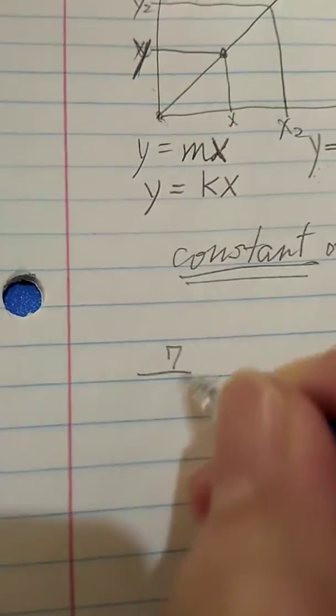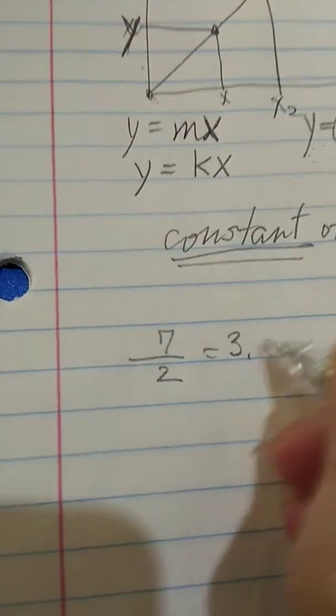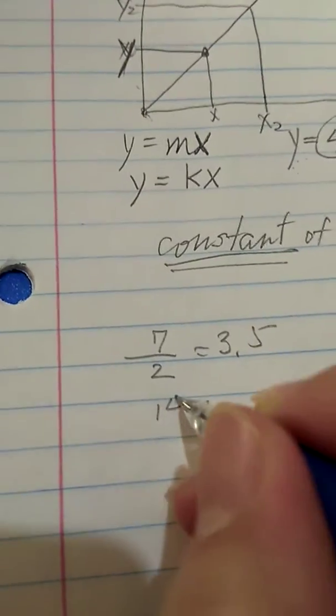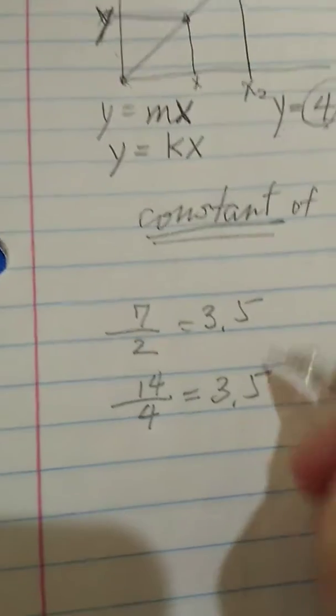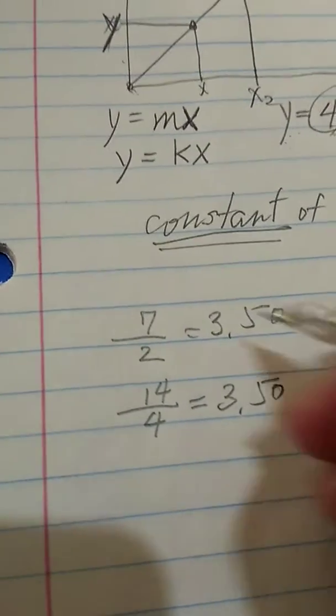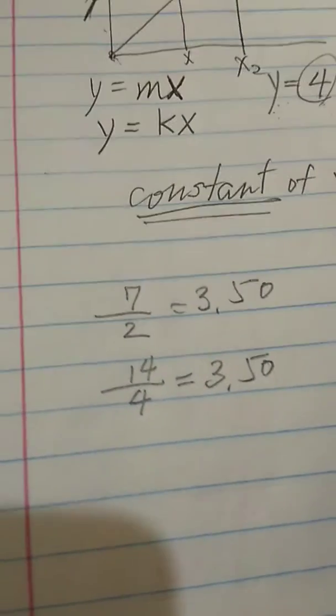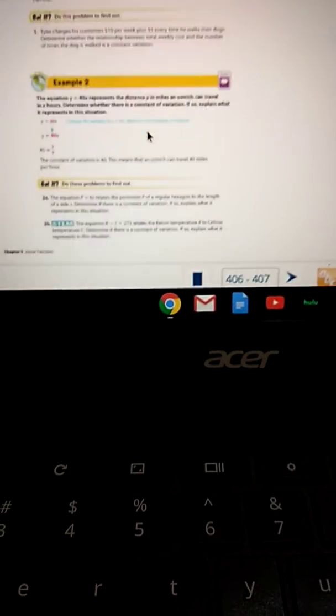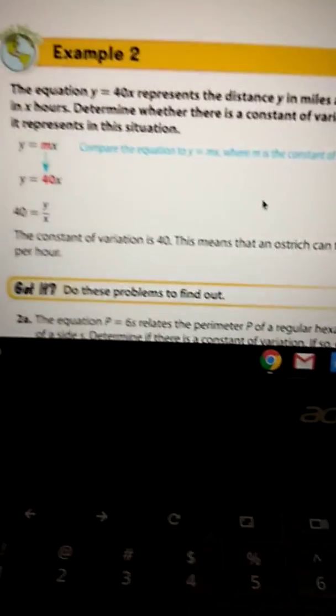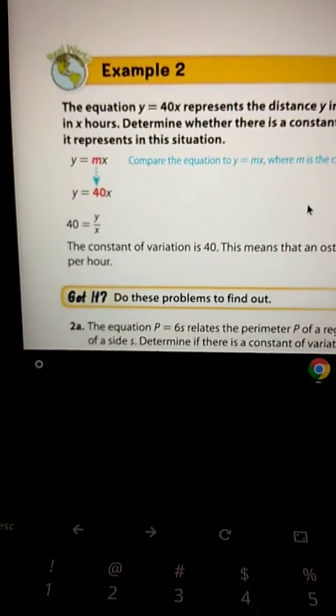So we can find the constant by dividing 7 by 2, which is 3.5. And the other one was $14 for 4 pounds, which is also 3.5. So we know the cost is $3.50 per pound. That's how you do these types of questions. They're very, very simple, as you can see.